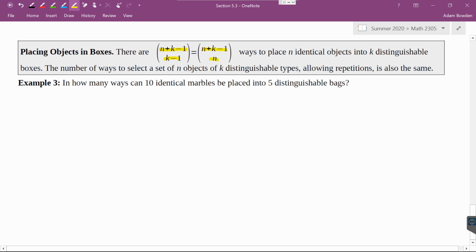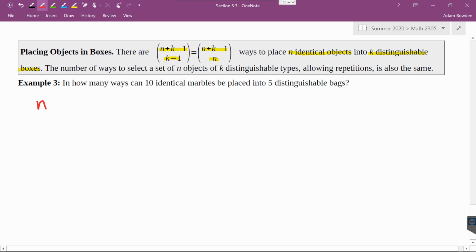And that's the number of ways that n identical objects can be placed into k distinguishable boxes. The number of ways of selecting a set of n objects of k distinguishable types allowing repetitions is also the same as this. So the first situation I'd like to show is how many ways can 10 identical marbles be placed into 5 distinguishable bags.